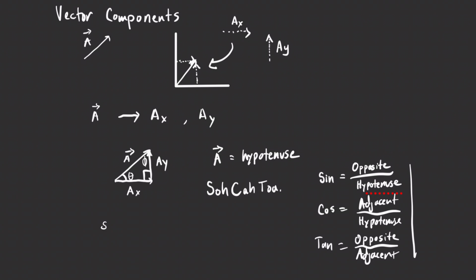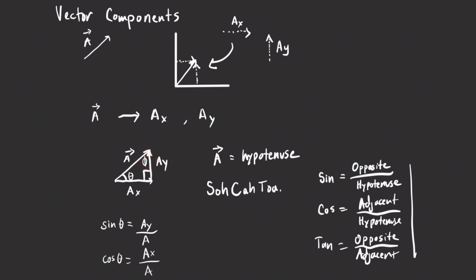So with that in mind, we can write sine theta is equal to ay over a, right? Because this is opposite, and this is the hypotenuse. Same thing for ax, we can say cosine theta is equal to ax over a.